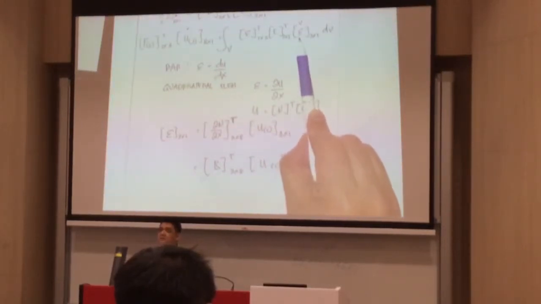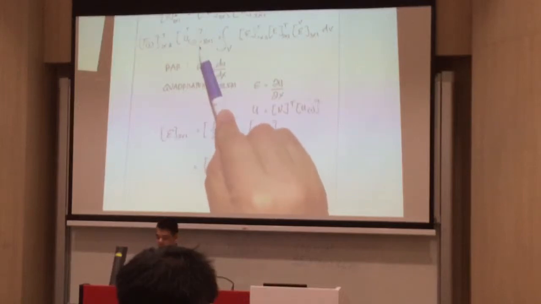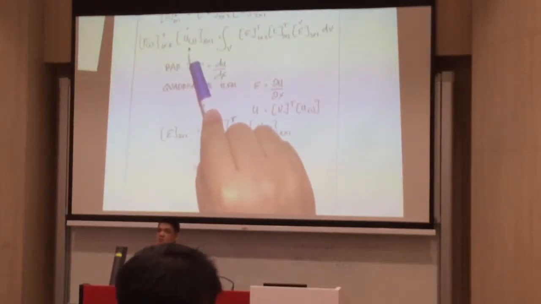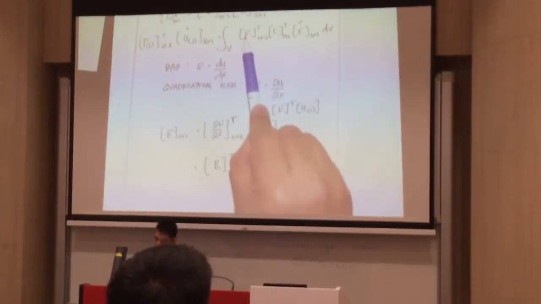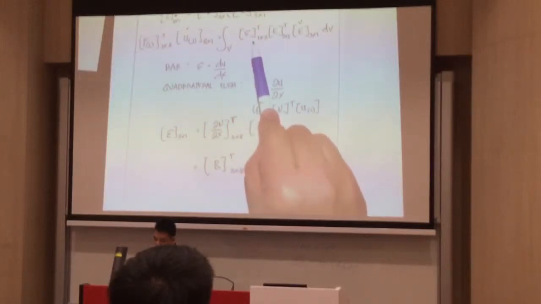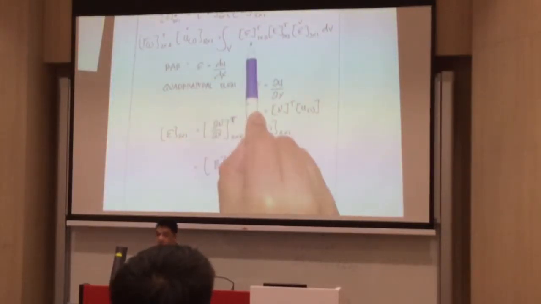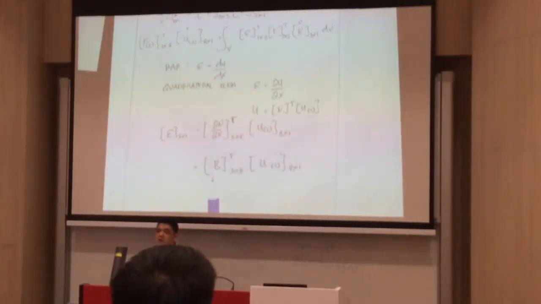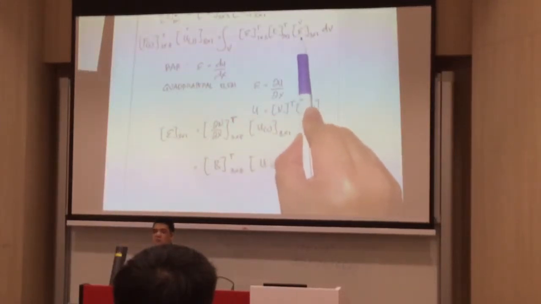Okay, so we have this one here, virtual displacement. If we were able to get this strain to be your strain displacement matrix multiplied by your displacement, then we can actually get an expression for this one.